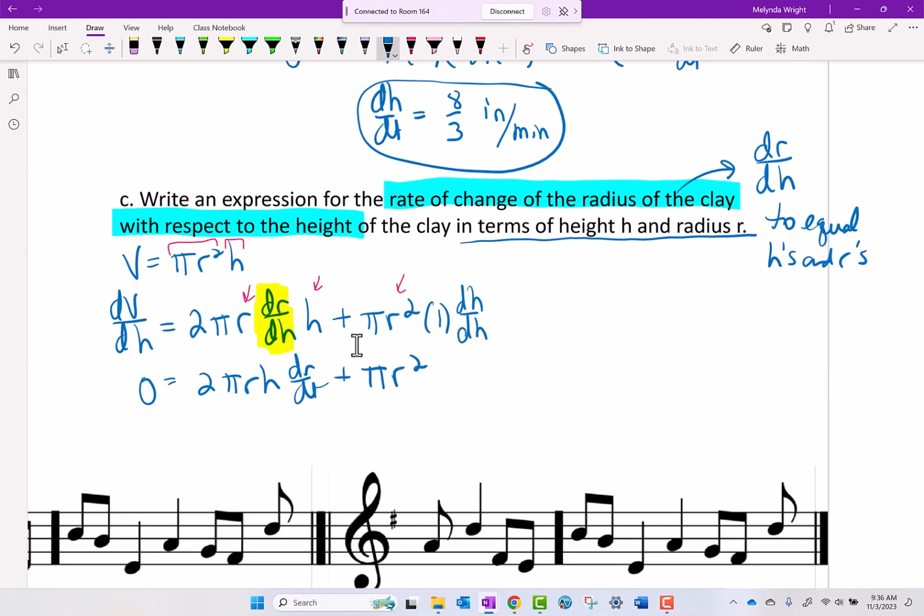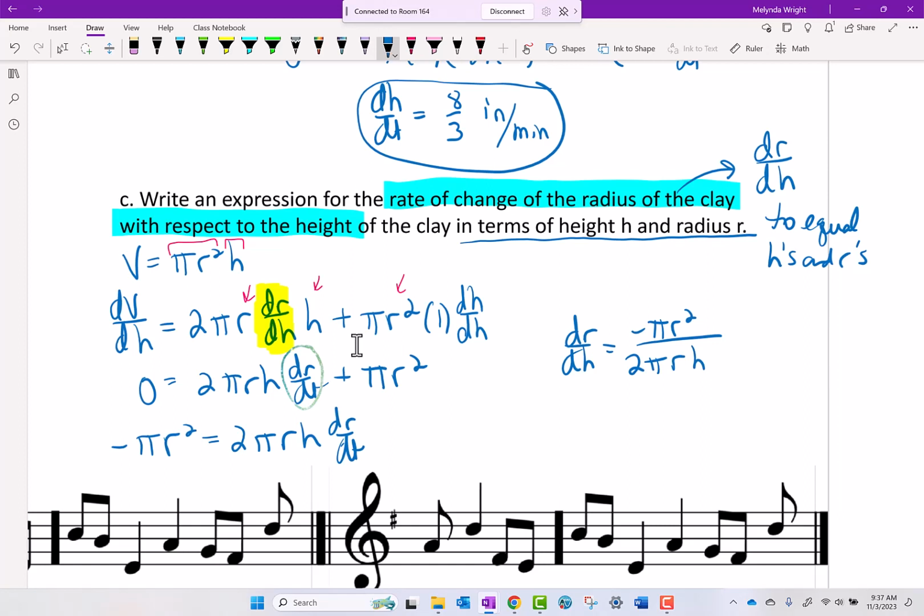So again, our job is to solve. We've got to solve for this. All right, so let's move the pi r squared over. So negative pi r squared equals 2 pi r h dr dh. And now we divide both sides to solve for dr dh, because that's what they wanted. dr dh is negative pi r squared divided by 2 pi r h.